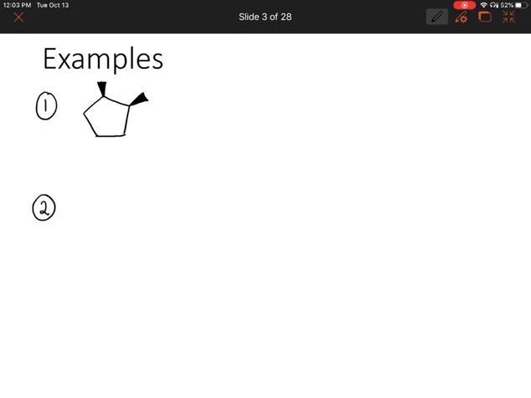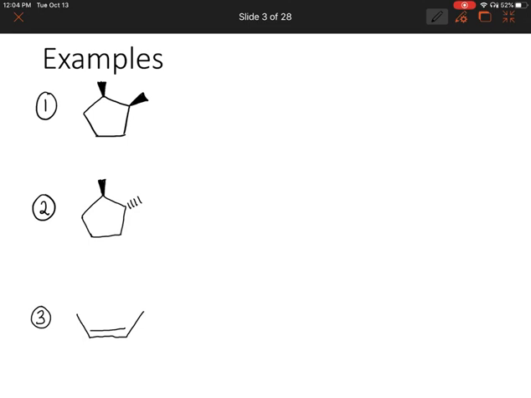Number 2, we have that same 5-membered ring, but this time one of the wedges is a dash. And number 3, we have an alkene. So that's a hydrocarbon with a double bond. Now, let's actually go through and name these molecules first before we decide whether they are chiral or achiral.